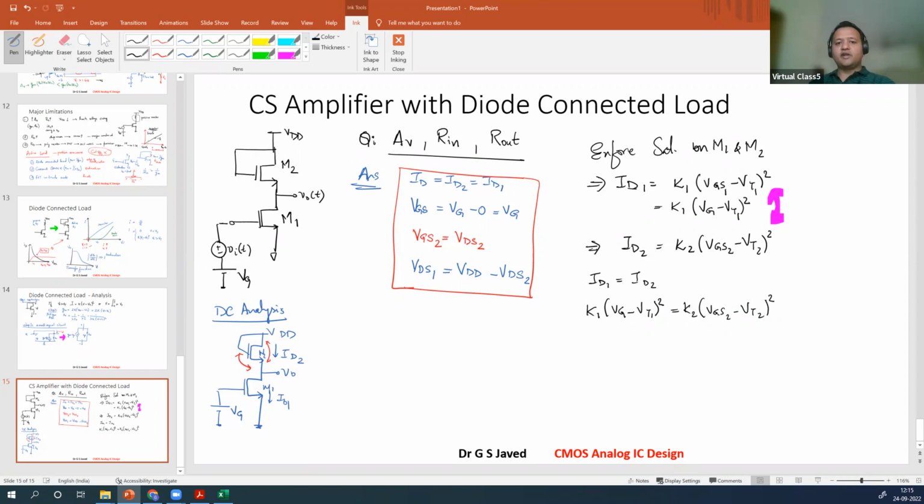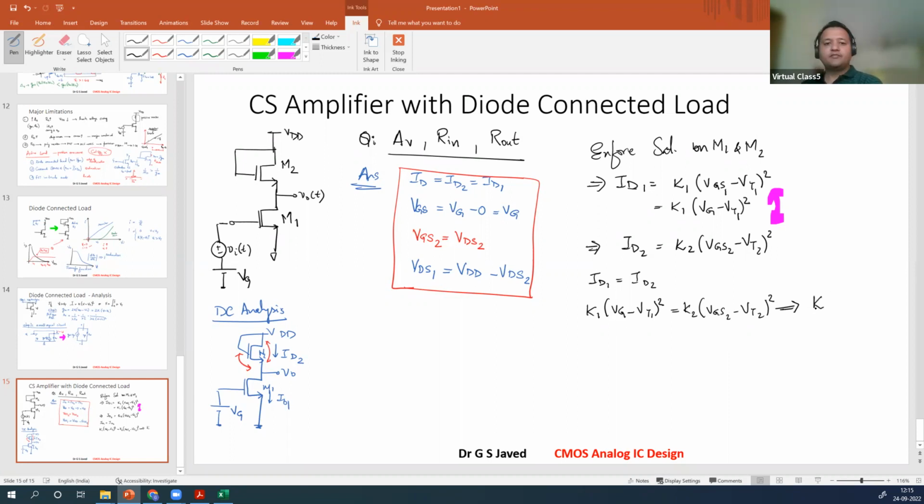What is the other way of writing this equation? Only VGS is brought out here. K1, K2 is a ratio. VG is known. VGS2 is not known. VT is known. So how do you rewrite this? First thing is bring K1 and K2 and remove the square. So they will go under square root.